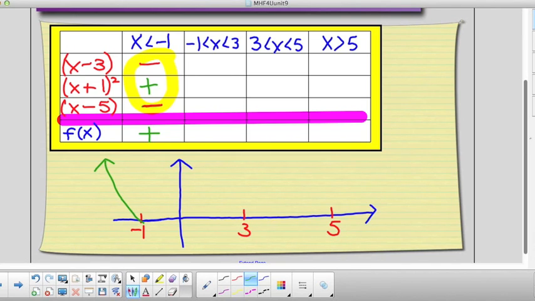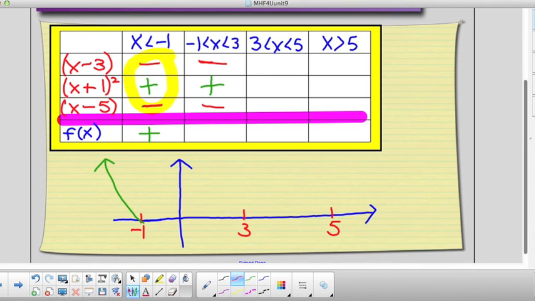I'm going to do that in each section. So between -1 and +3, I can use the value +1. Well, +1 minus 3 is going to give me a negative number. +1 plus 1 squared is going to give me a positive. And +1 minus 5 is going to give me a negative.